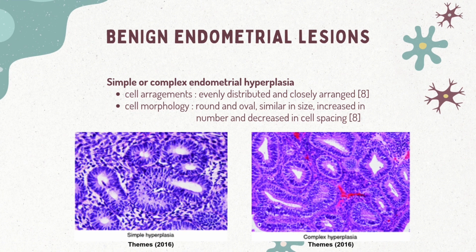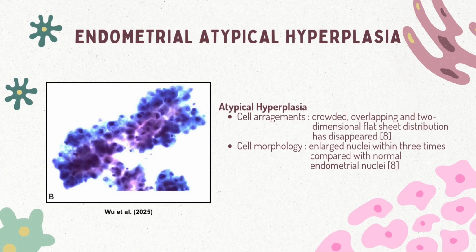Next, in simple or complex hyperplasia, the cell arrangement is still evenly distributed but now closely packed. The cells remain round or oval and similar in size, but there is a noticeable increase in cell number and decrease in spacing due to glandular proliferation. Moving on to atypical hyperplasia, which is a precancerous condition.